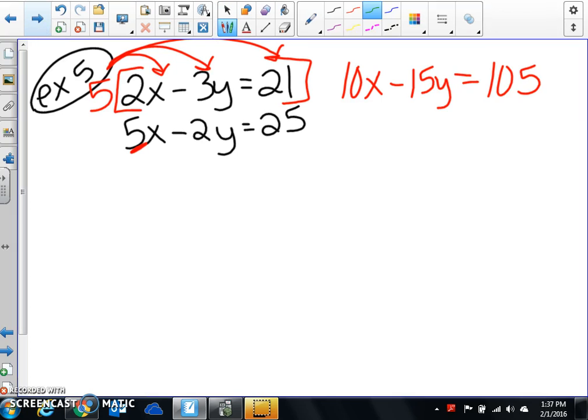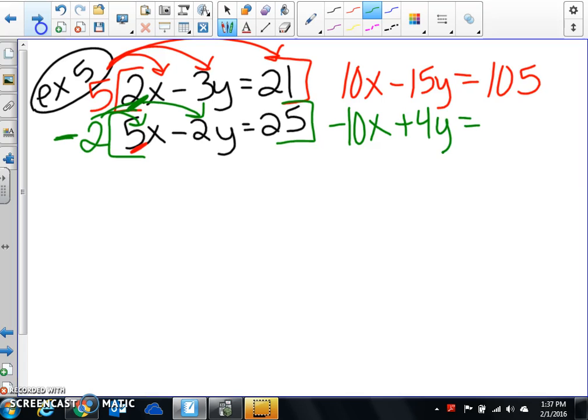Now this bottom one, I do 2 because that's what that one was, or the other coefficient. But once again, I would need them to be opposite. So I'm going to do it by negative 2. Negative 2 times 5x is negative 10x. Negative 2 times negative 2 is a positive 4y. And then negative 2 times 25 is negative 50.